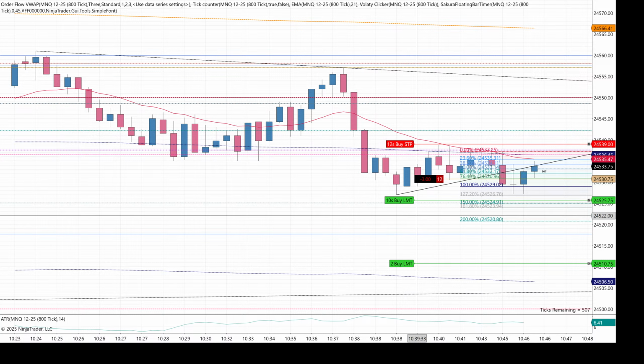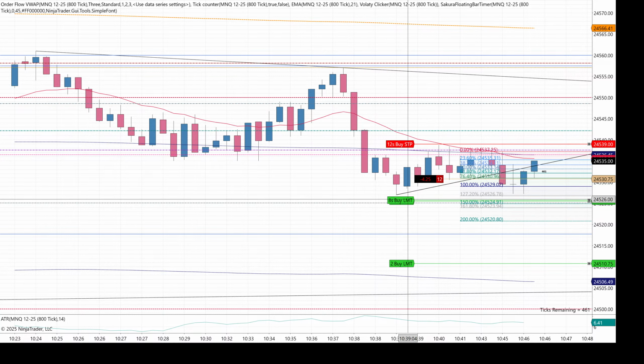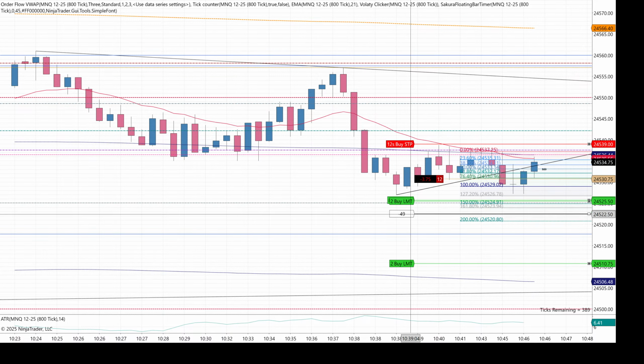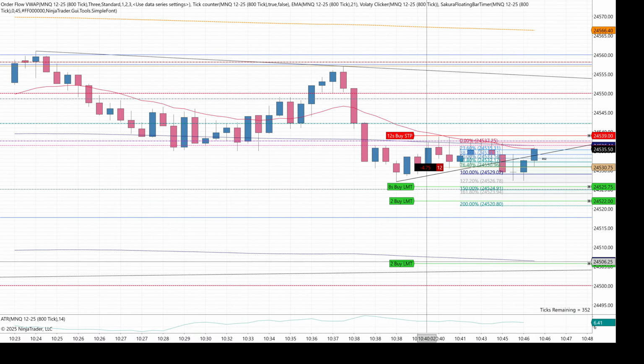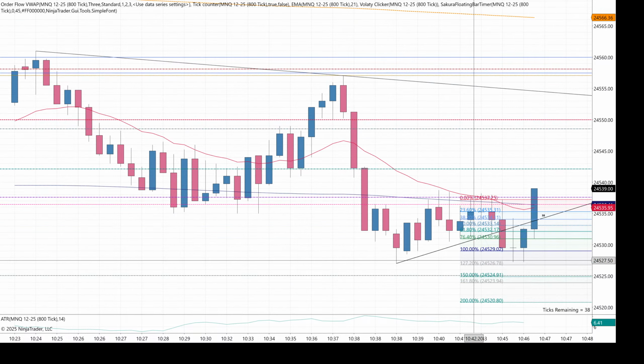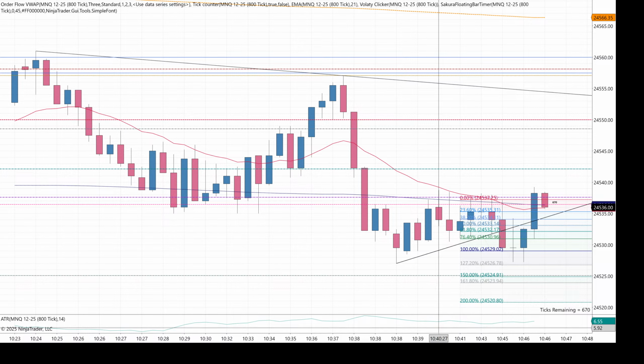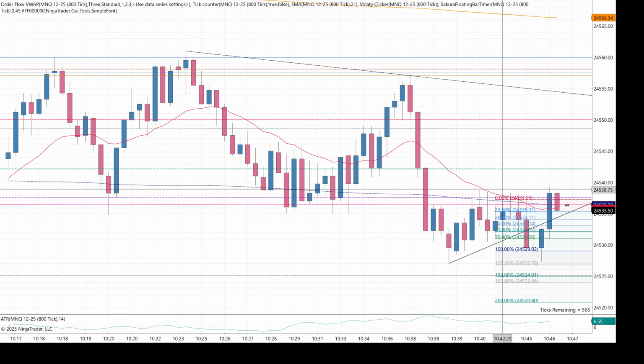I'm going to decrease. Would like for it to come down. Doesn't look like it wants to. Yeah, that was a nasty stop loss.